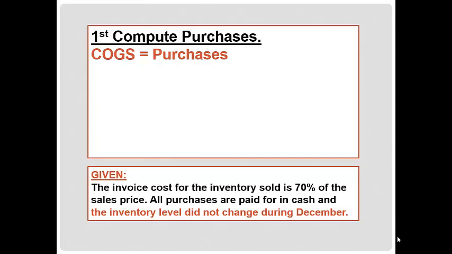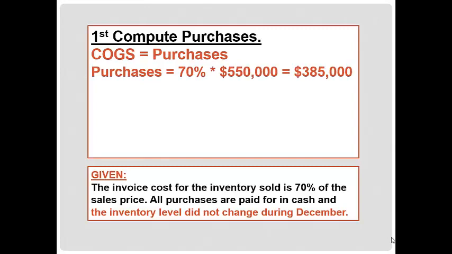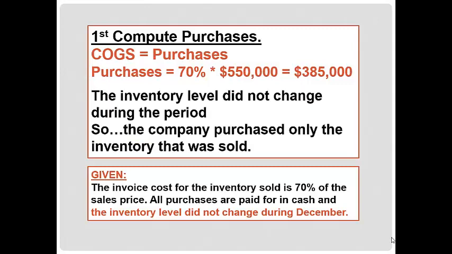Okay, and that's given there in your bullet points. That means our purchases are equal to our cost of goods sold of 70% times $550,000 or $385,000. And again, that's because the inventory level did not change. And what that means is that they only purchased what they sold.